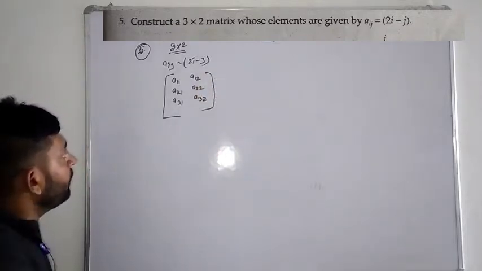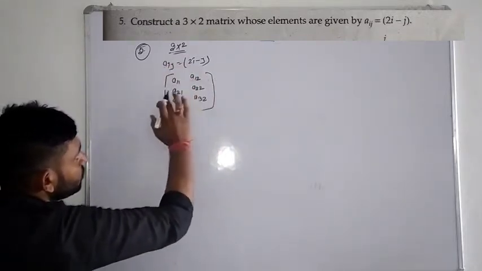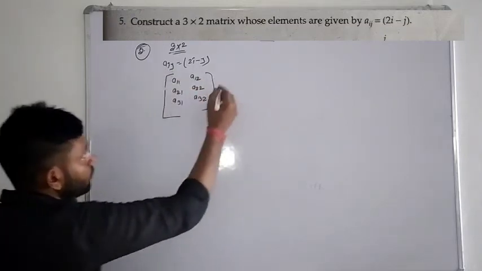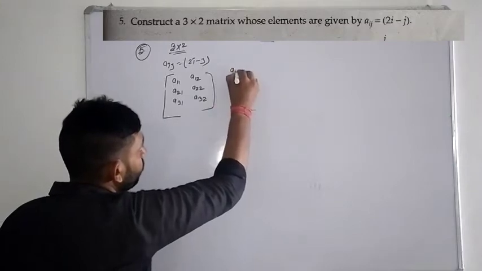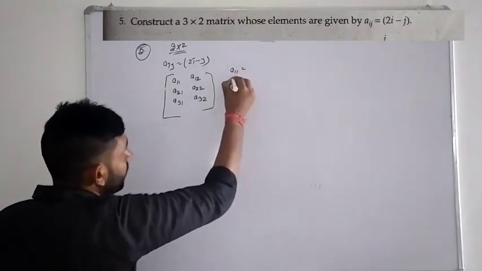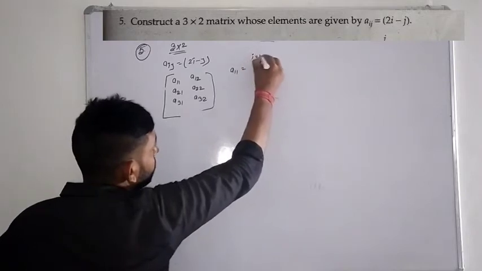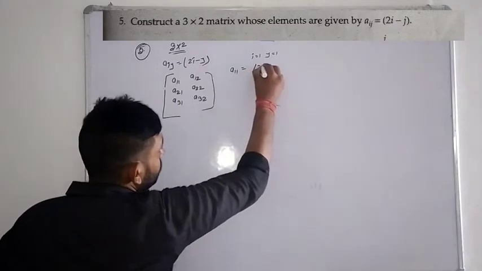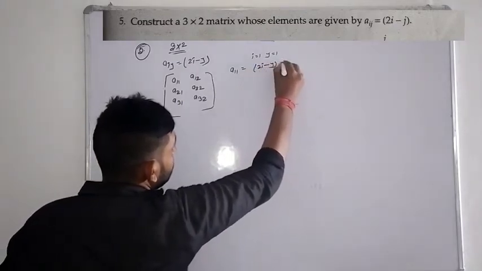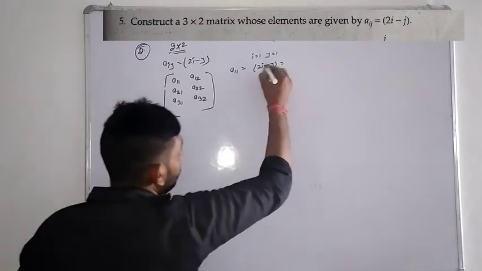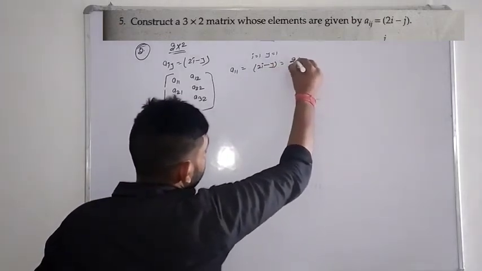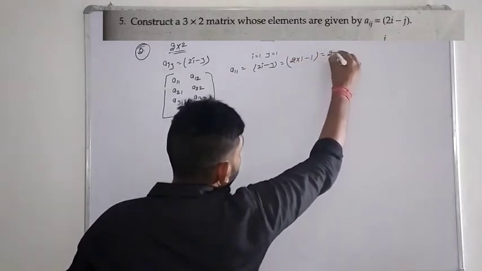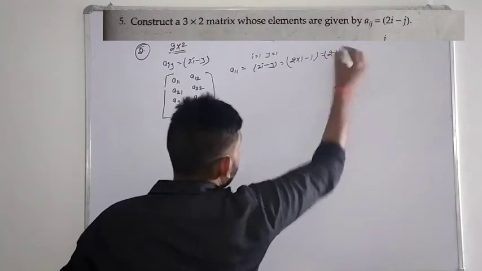Now here we completed the order of the matrix, 3 rows, 2 columns, and we have to find the elements. Suppose the element a11, that means here i is equal to 1 and j is equal to 1. 2i minus j, here we put the value of i is equal to 1. Then 2 into 1 minus 1 is equal to 2 minus 1 is equal to 1.